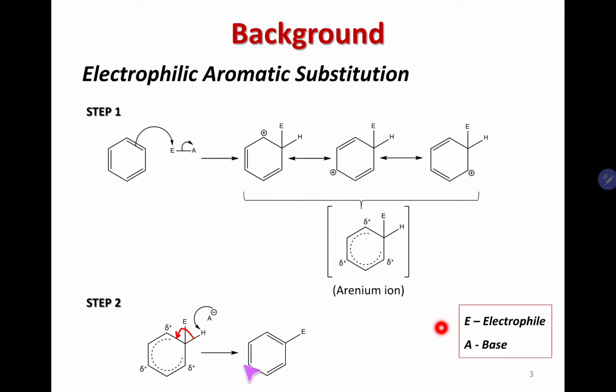So this is the second step, and this second step is actually much faster than the first step. Okay, much faster than this first step. All right, so this is the summary of electrophilic aromatic substitution. So if you need more details, I would recommend that you guys go back and watch the video or the lesson on electrophilic aromatic substitution.